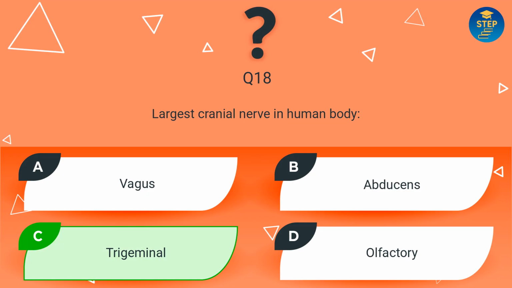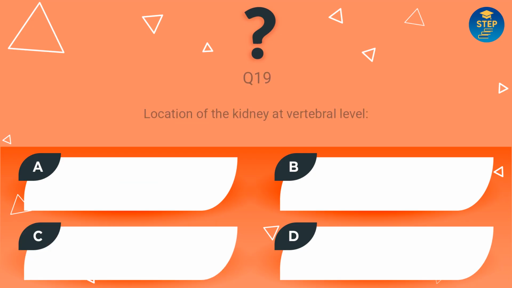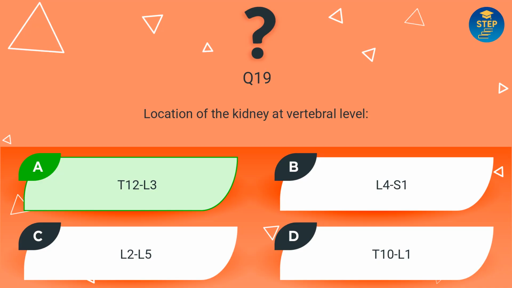Answer is trigeminal. Location of the kidney at vertebral level: T12 to L3, L4 to S1, L2 to L5, T10 to L1. Answer is T12 to L3.